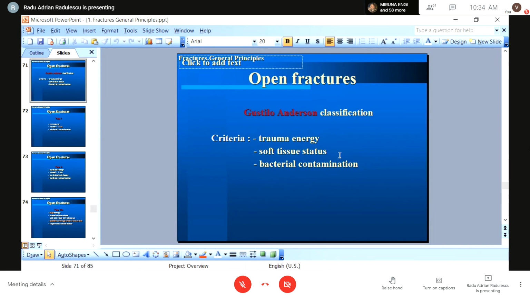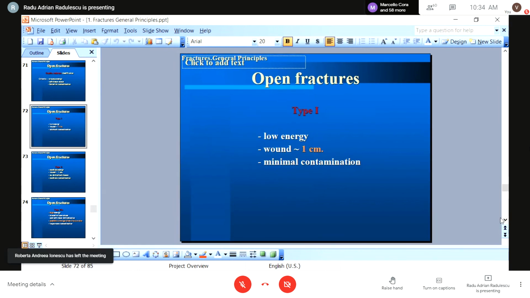This classification system depends on the energy of the trauma, the status of the soft tissue, and the possible bacterial contamination. So the type 1 Gustilo-Anderson recognizes low energy trauma fractures.